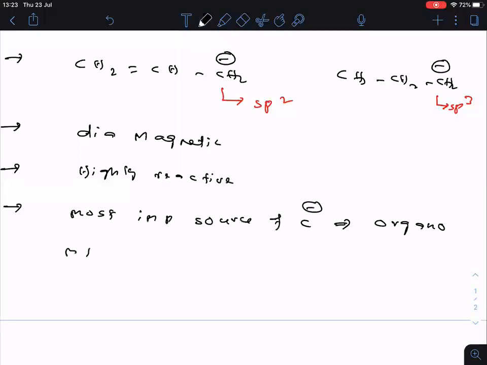From organometallic compounds. Clear, everyone? From organometallic compounds. What is the meaning of organometallic? That I will explain to you. Don't take any tension. The main important source of carbanion is organometallic compounds.